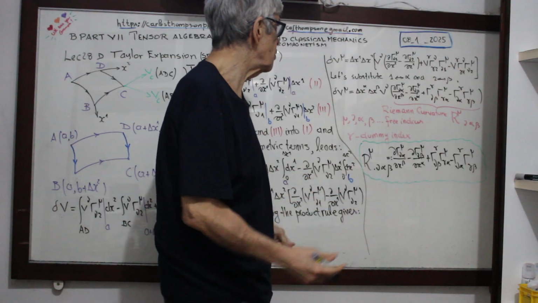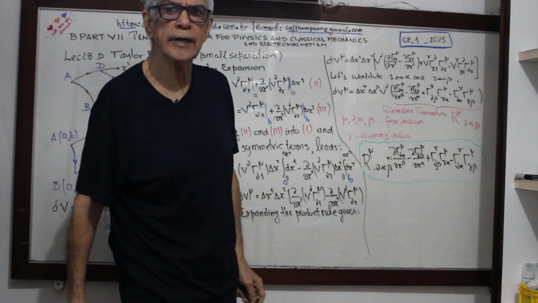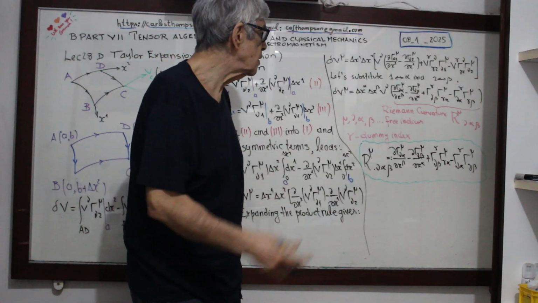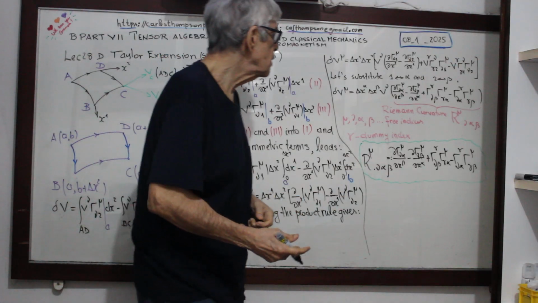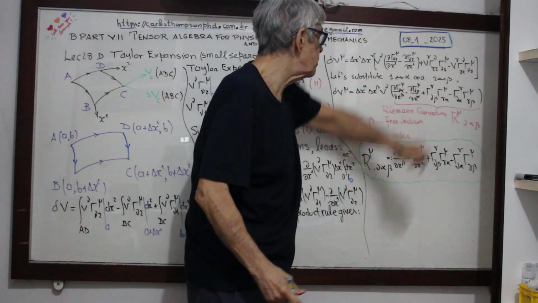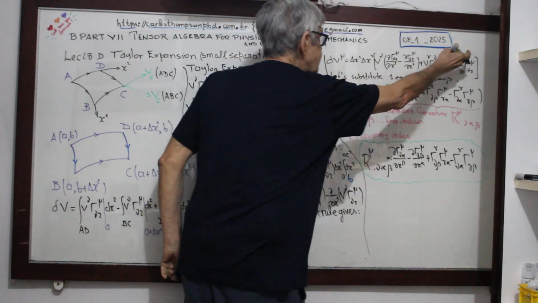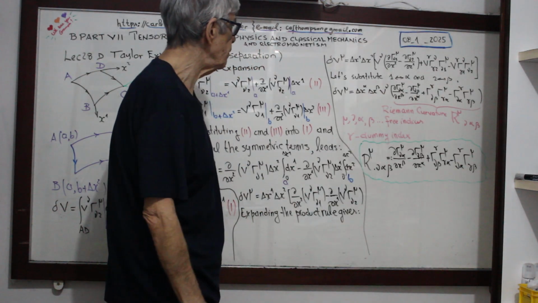Now, in general, instead of working on x1 and x2, the coordinates, we in general will work with the general coordinates alpha and beta. So I substitute 1 by alpha and 2 by beta, and I repeat over here. That's quite simple.